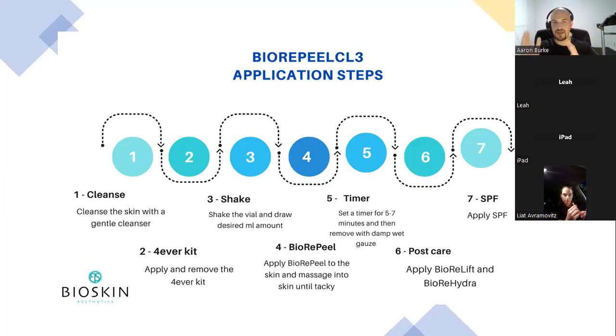Then you're going to do your peel application. You wait the prescribed period of time, let the peel sit, absorb into the skin, and start to do its work. Then you remove that and do your post care. You apply your Rehydra, your Relift, your SPF, and away they go. If you're doing some after treatment, like LED therapy, a hydrating mask, or the jelly, that's going to be your post care.